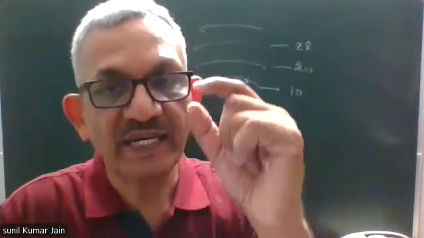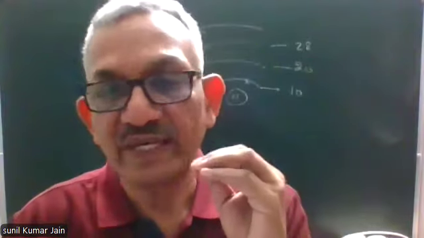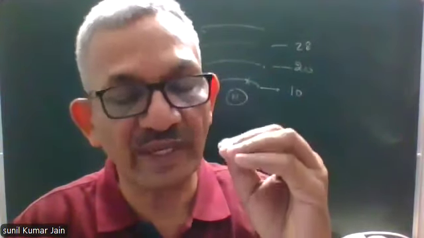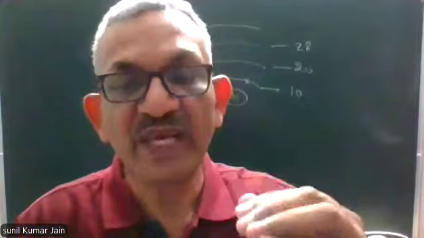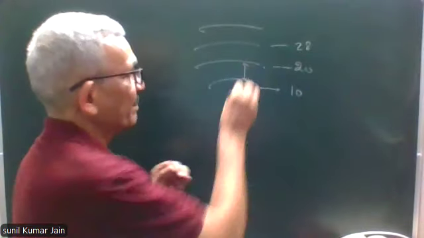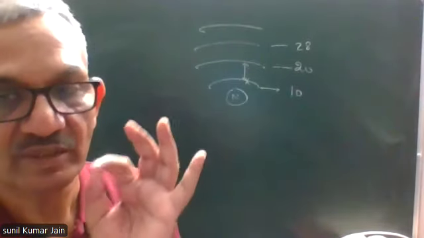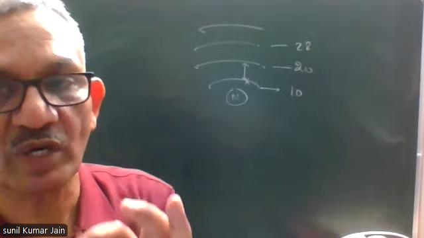It's not that the electron absorbs 1 unit plus 1 unit plus 1 unit. It will not absorb energy in parts. It will absorb energy in the packet of 10 units only. And this packet of energy is nothing but a quantum of energy.